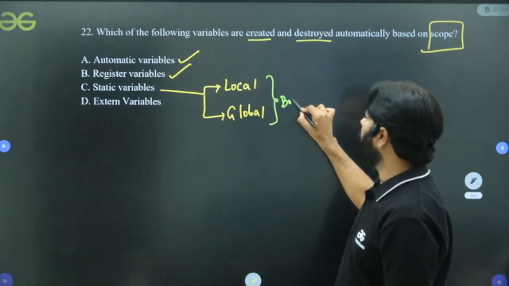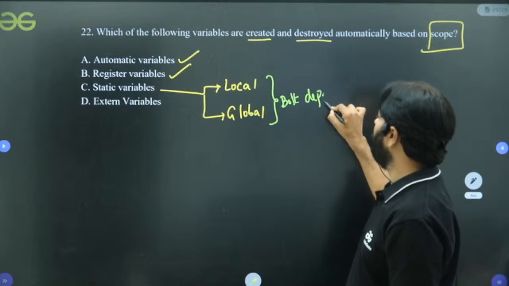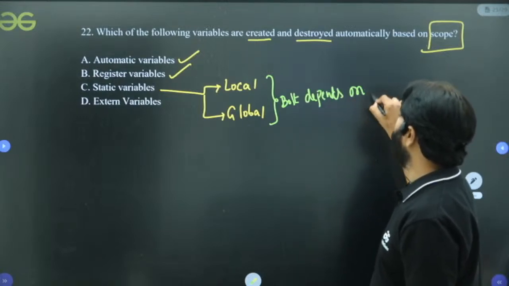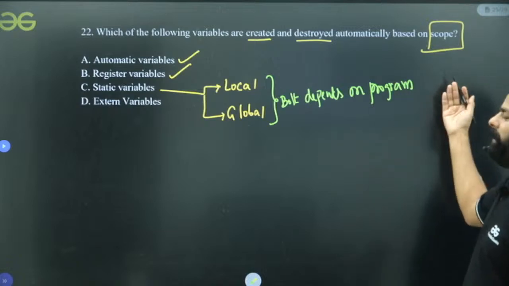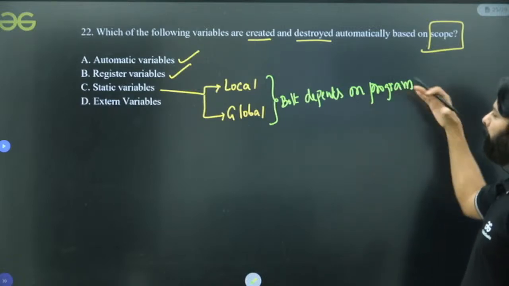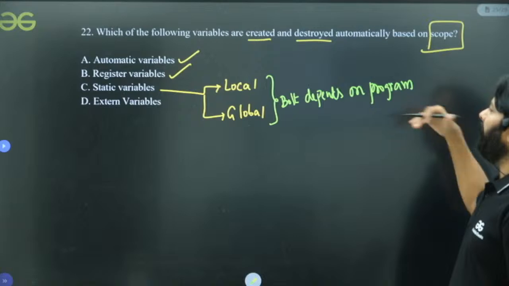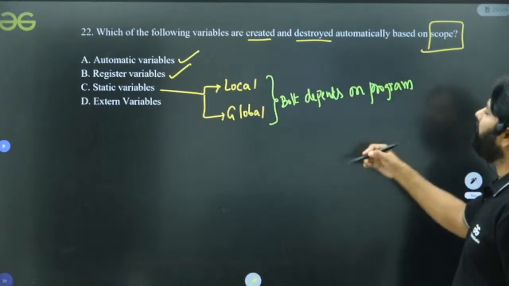Both depend on program execution, right? Program begin, program termination. When the program begins, it will create, when the program ends, it is destroyed, but it will not depend on the scope.